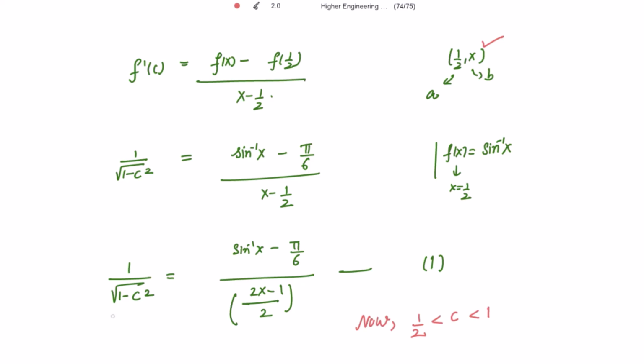Now we need to make this expression from this and get the desired result. So let's square all over. We get 1 divided by 4 less than c squared less than x squared.